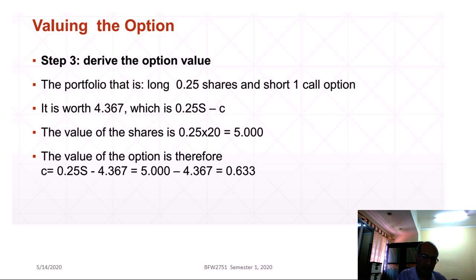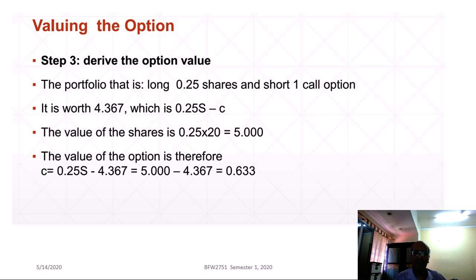The value of the option is therefore very simple. The call option, the small c, is 0.25 times S today, that is 20, minus 4.367, which equals $5 minus 4.367. You are subtracting the 4.367 from both sides. It equals 0.633. Remember this number.